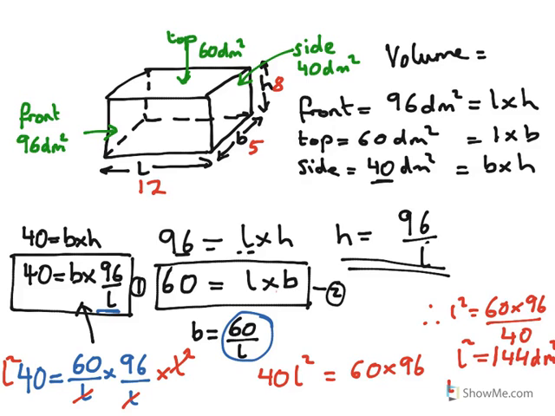If I know what L squared is, I know that L must equal the square root of 144, which is 12 decimeters. So now I know that my L here is 12 decimeters. Now I know that if the L is 12 and the front area is 96, what times 12 will give me 96? Well, 12 eighths are 96, so I now know that H must be 8 decimeters.